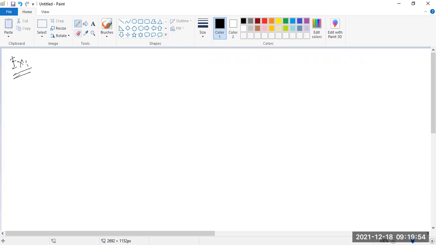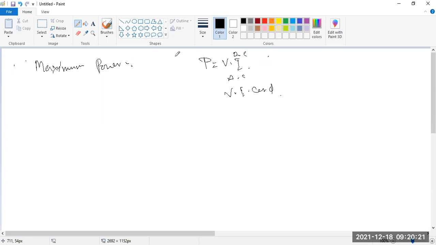Look, first of all, we have to show that, maximum power means P equal to V into I for DC, or for AC, VI cos phi. But this is not required over there.